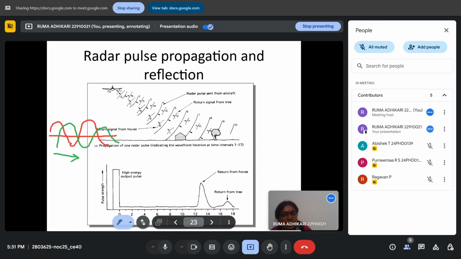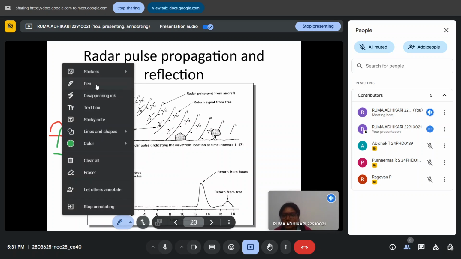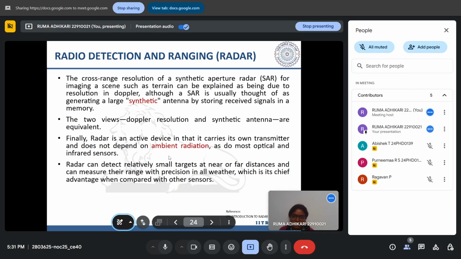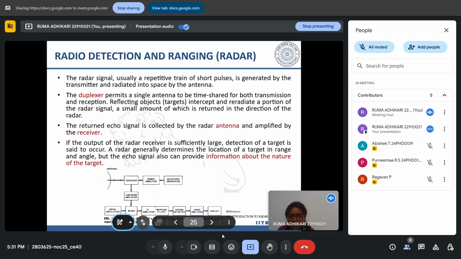Then it finds where the peaks or the changes are. So this is how we understand what is actually happening. It is very important. That is what the matched filter does.